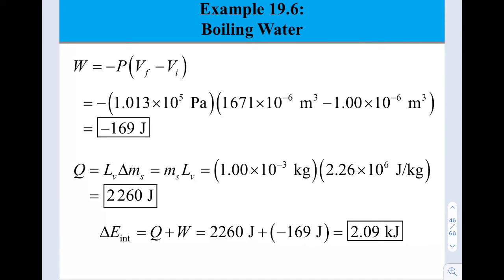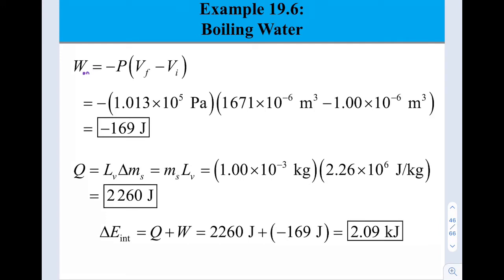So, work done on is equivalent to negative P delta V. You have negative 169 joule of work done on. And then the Q involved, because it involves phase change, because it's a vaporization process. So Q is equivalent to m LV.